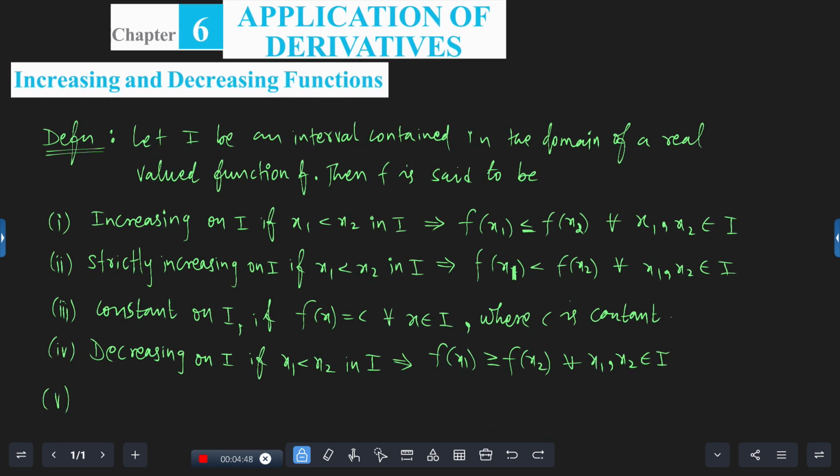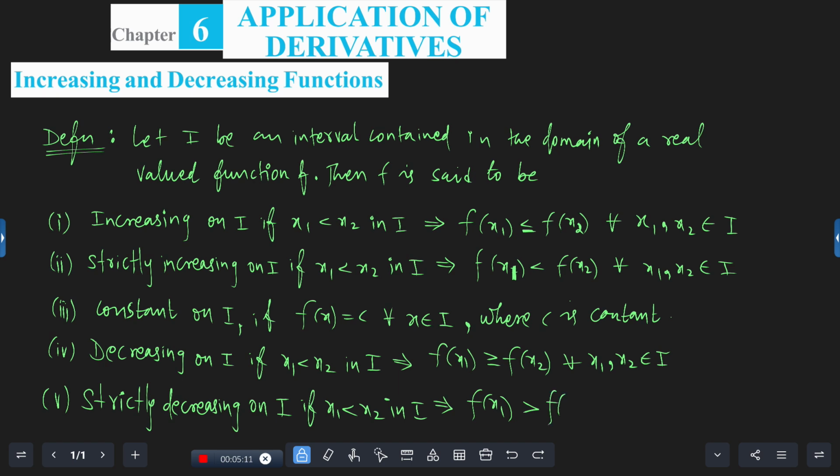Next, fifth point, strictly decreasing on I if x1 less than x2 in I, this implies f of x1 strictly greater than f of x2 for all x1, x2 belonging to the interval I. So these 5 points you should remember.